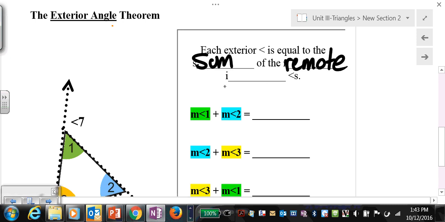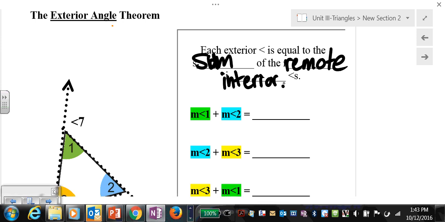You want to write this down. Each exterior angle is equal to the sum of the remote interior angles. Notice that's plural.